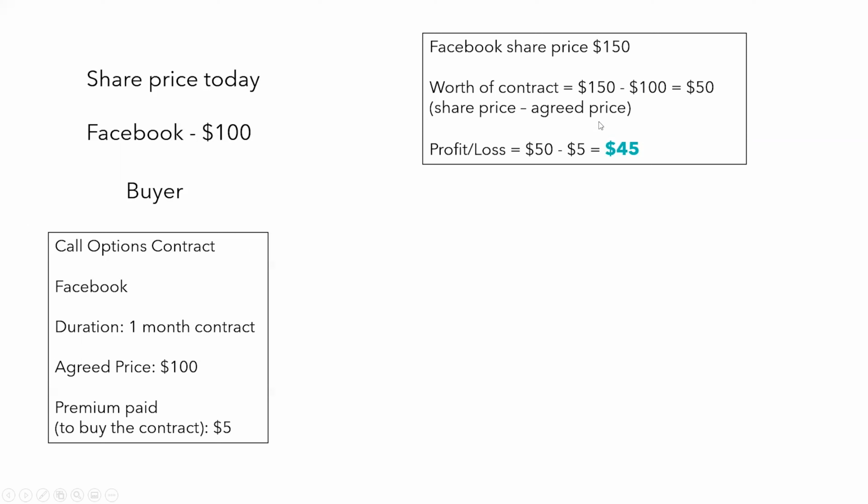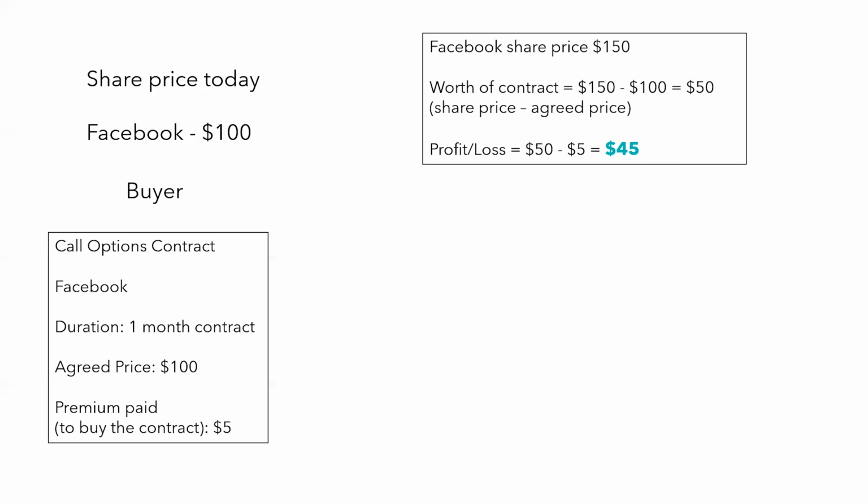So to calculate your profit and loss, your profit for this contract is $50, and then you minus off the premium that you paid, which is $5. So basically your profit and loss is $45. Now this excludes all the commissions that you need to pay when you buy the contract or when you sell the contract. I'm just giving you a rough picture. And take note, this is not always true, because we still have to factor in time decay and the options greeks, which I will go through again.